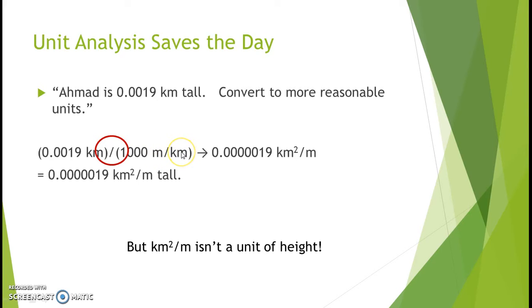Meters moves to the bottom, and it doesn't cancel. And our units become kilometers squared per meter, which isn't meters at all, and isn't a measure of distance. So this ridiculous answer that we get, not in meters, and not between 1 and 1,000, isn't a good unit of height that we expected to see, and we know something's wrong, and we can go back and put a multiplication symbol in there.